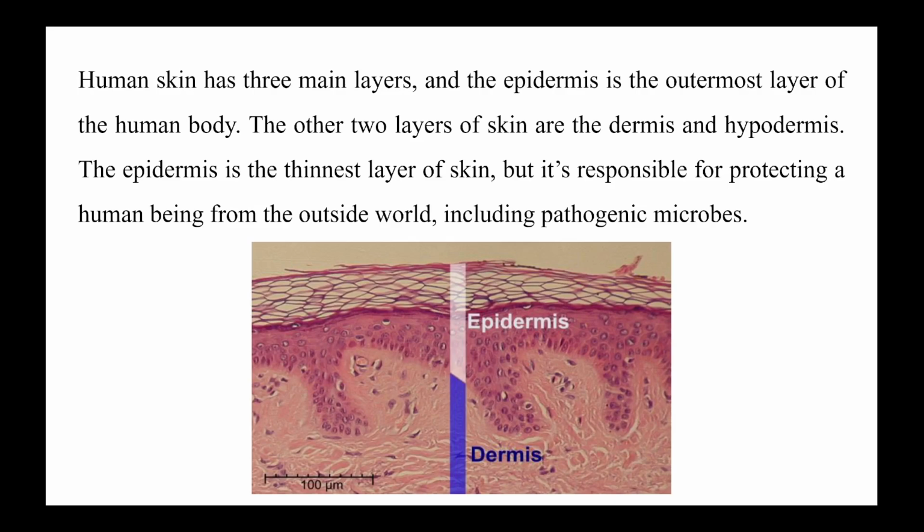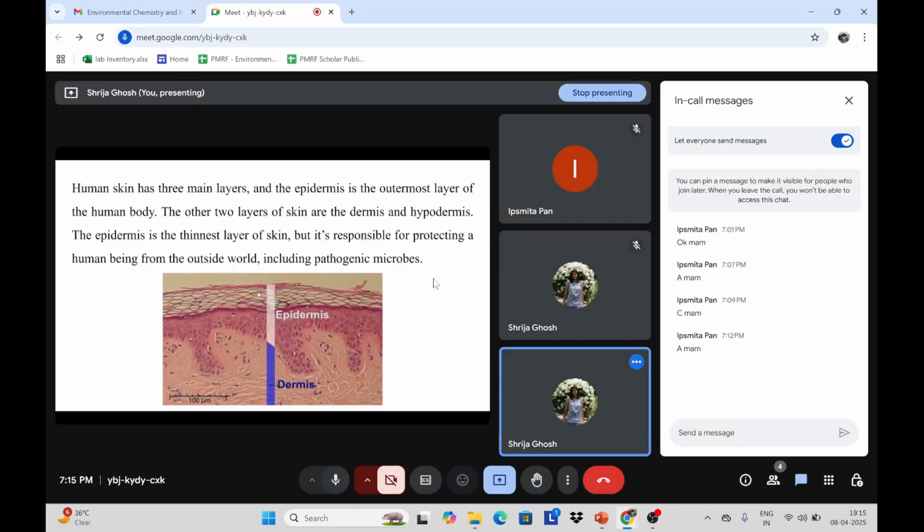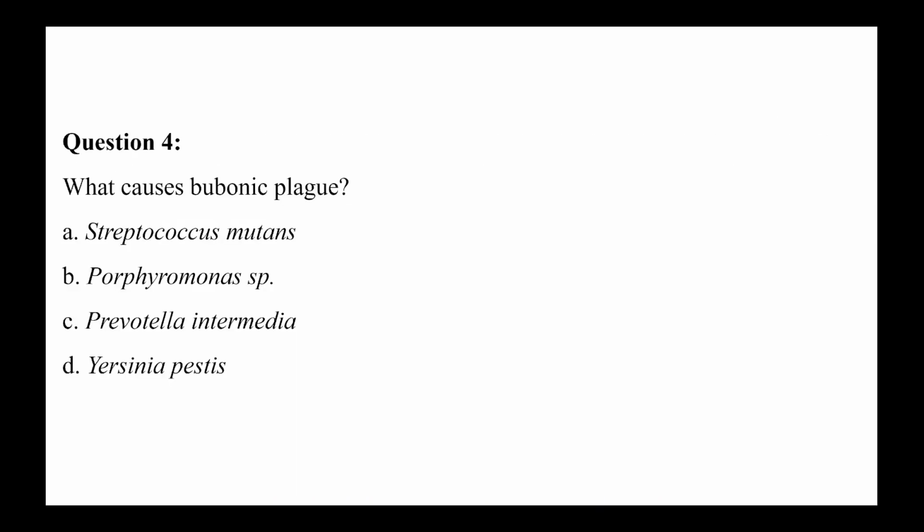We do get infections anyway, but the chances of us getting infection from these pathogenic microbes are highly reduced because of the epidermis, because of the topmost layer of our skin. Okay, I hope that's clear.